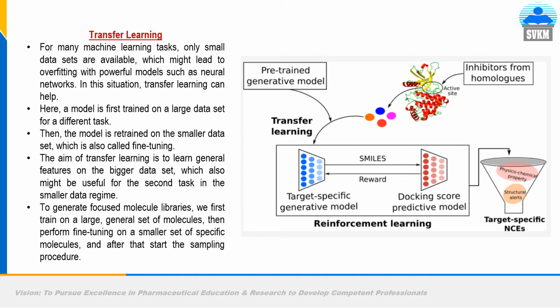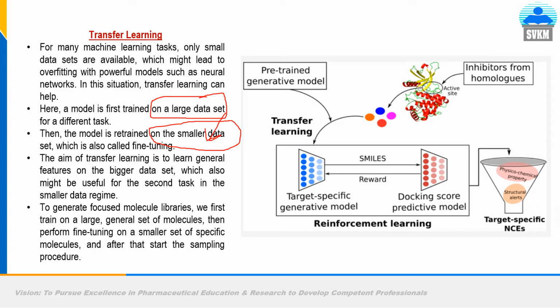Then the model is retrained on the smaller data set, which is also called fine tuning. Actually, you should have a huge amount of data for this, but you don't have actual data, so you will train the model primarily on a large data set. Then you will fine tune using a smaller data set, which is actually required by you.